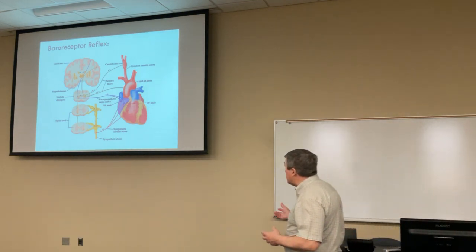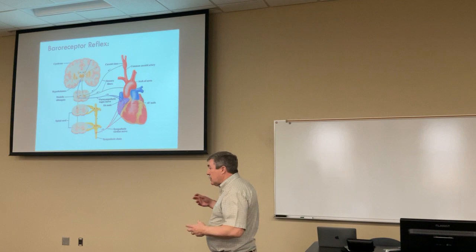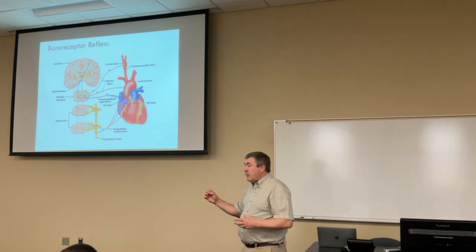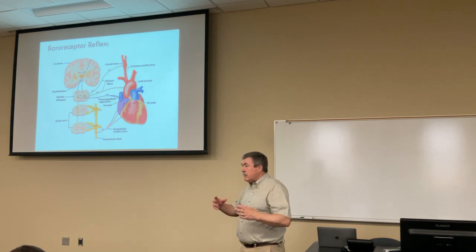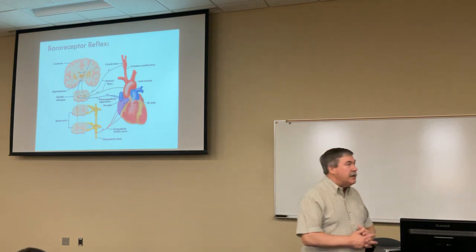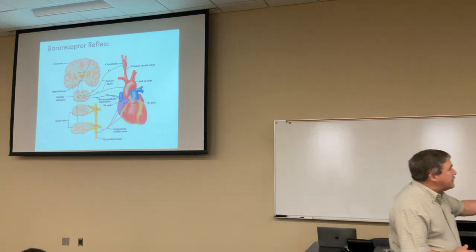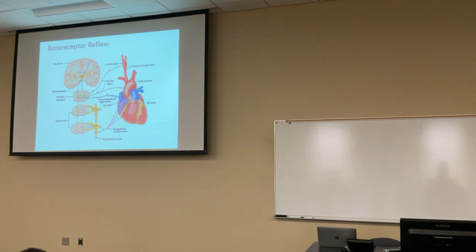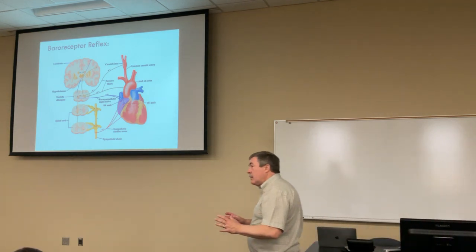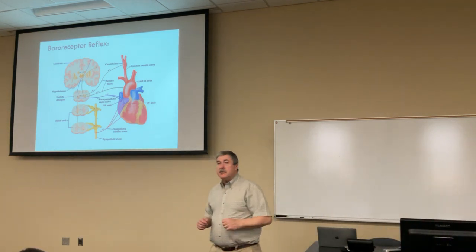And the increased sympathetic stimulation of blood vessels is going to cause vasoconstriction, and that increases peripheral resistance. So both factors that affect blood pressure are going to increase, so that'll bring blood pressure back up. Since this is controlled by the nervous system, and the nervous system can react very quickly, this can allow for very rapid adaptations to change in blood pressure.